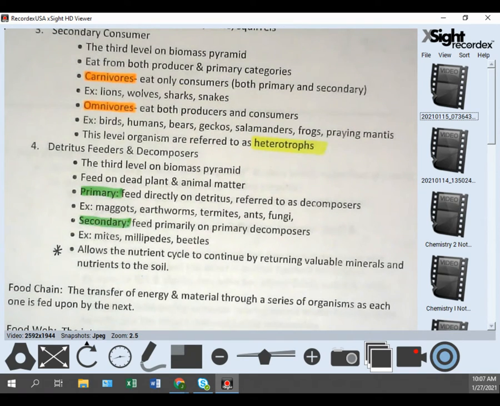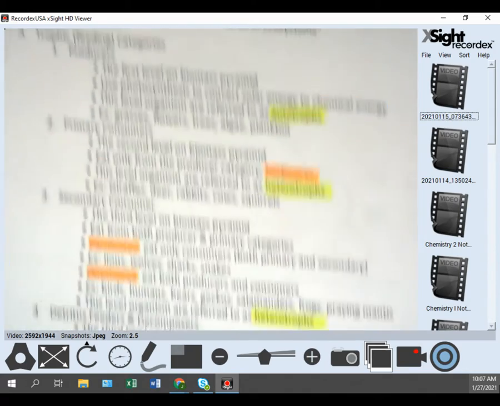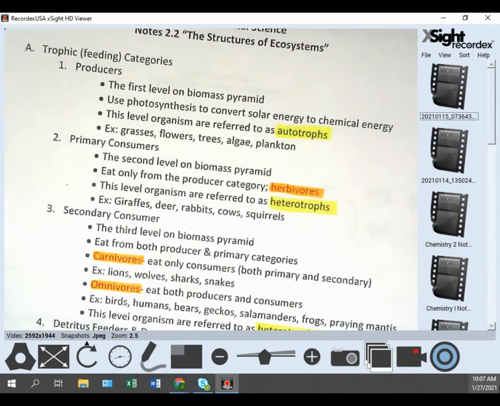Detritus feeders and decomposers allow the nutrient cycle to continue by returning valuable minerals and nutrients to the soil. So we've got, I don't know if you want to call it the cycle of life or whatever. The whole idea, though, is that producers use minerals and nutrients from the soil and energy from the sun to grow, get larger, and live.